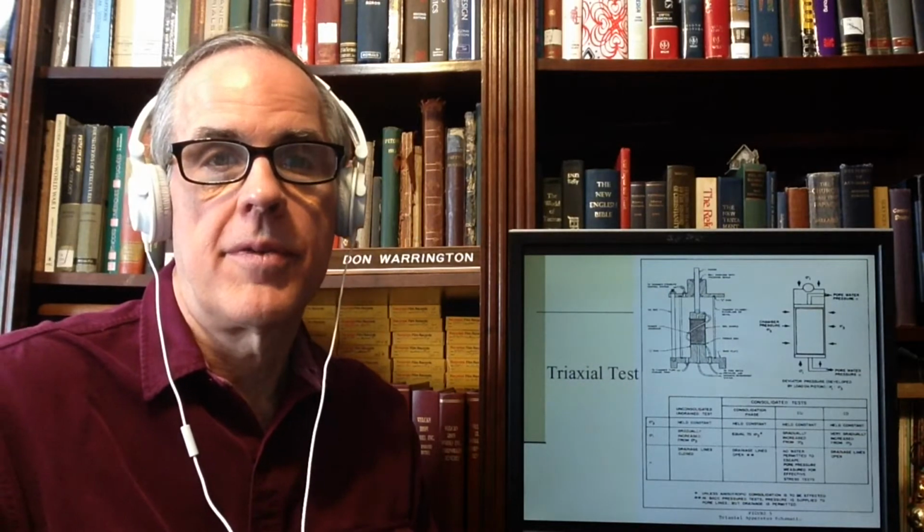In an unconsolidated, undrained test, a UU test, the drainage lines are closed, and the stress gradually increased from the confining stress. That's the simplest one: unconfined, unconsolidated, undrained.